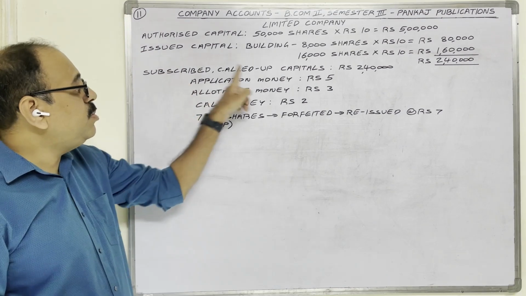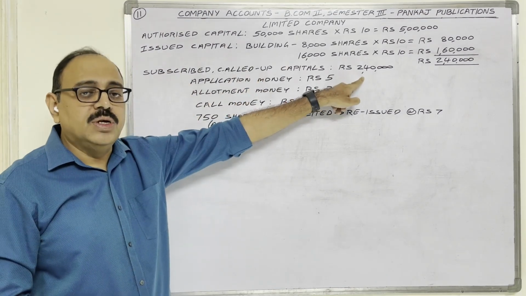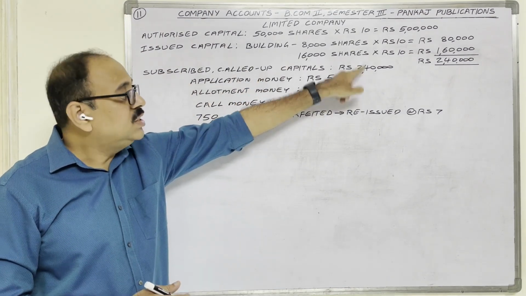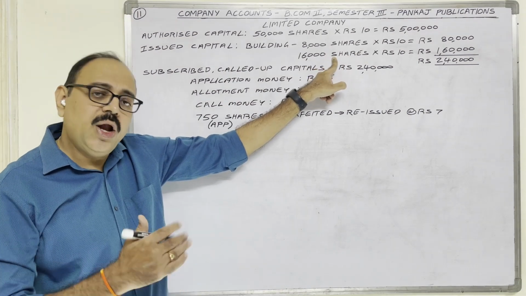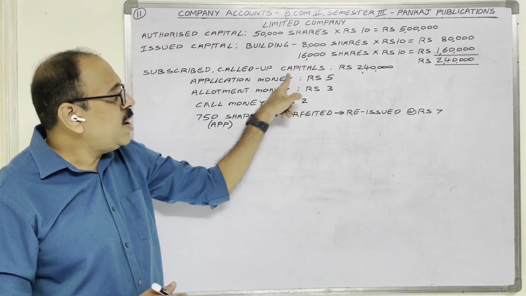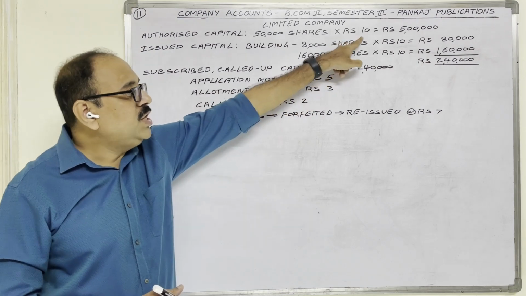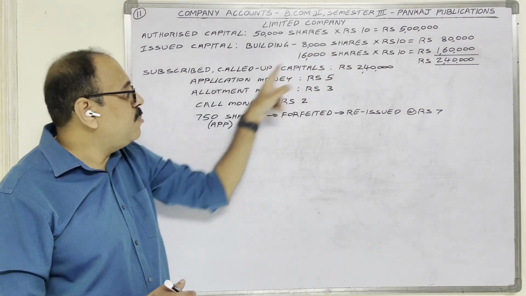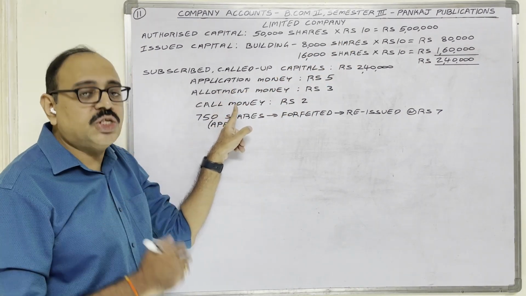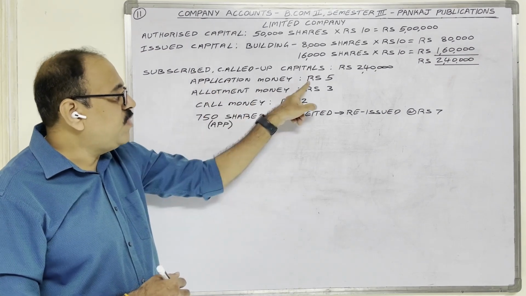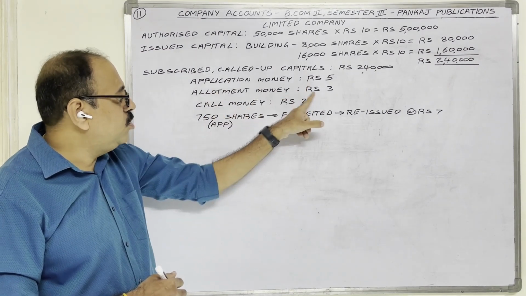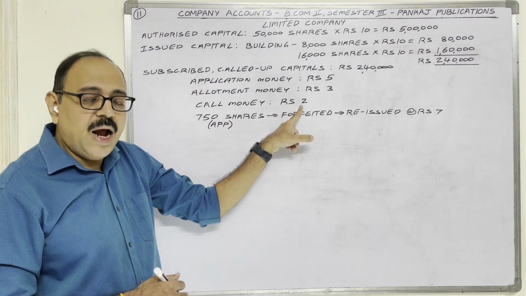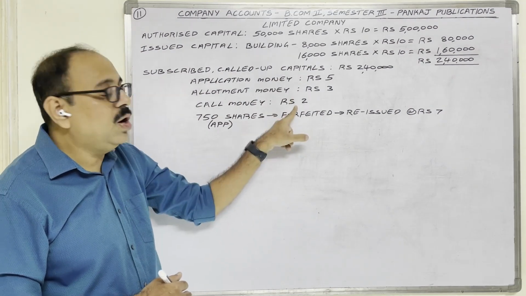Next, subscribed and called up capital are also the same. The public applied for all 16,000 shares, and the company allotted all shares to them. Called up capital is also the same. One share's face value is 10 rupees. The company wants to collect that money in 3 installments: application money 5 rupees, allotment money 3 rupees, call money 2 rupees. And in the present year the company made all the calls.